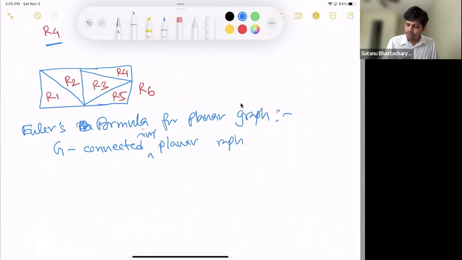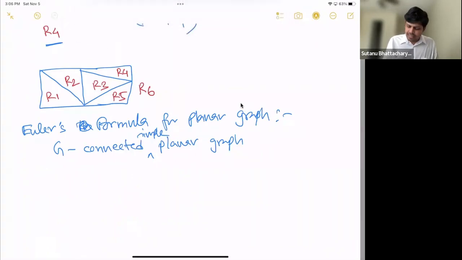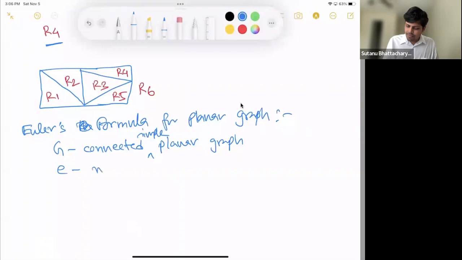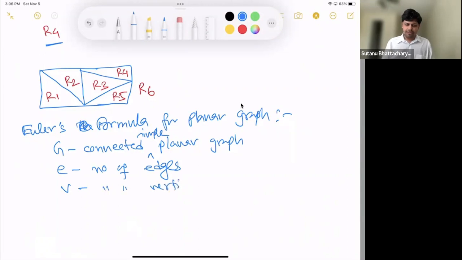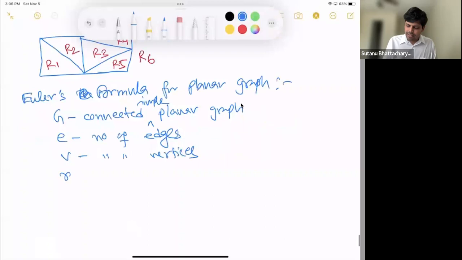All graphs that we are talking about are simple, meaning no multiple edges and no self loops. So for a connected simple planar graph, E is the number of edges, V is the number of vertices, and R is the number of regions.